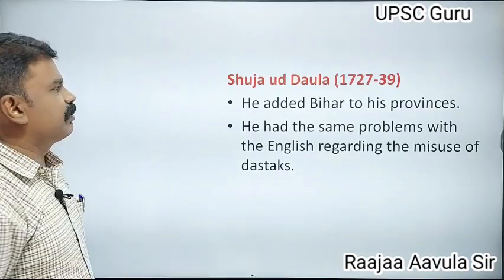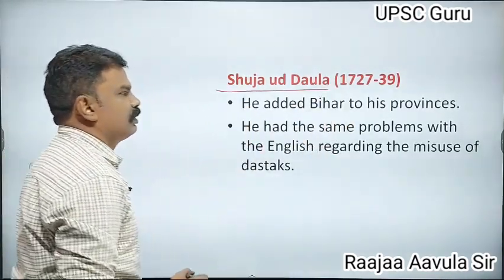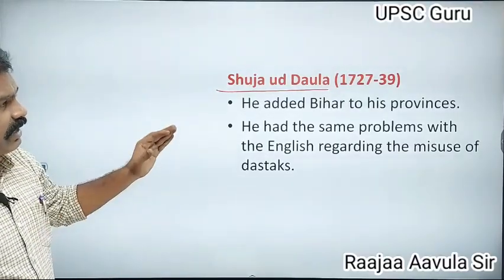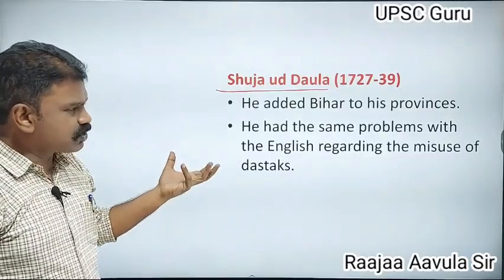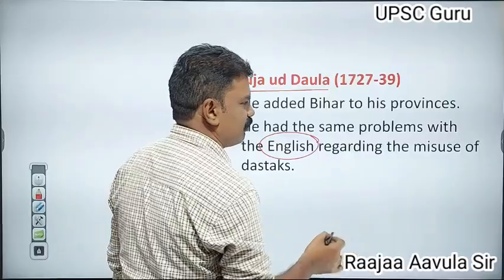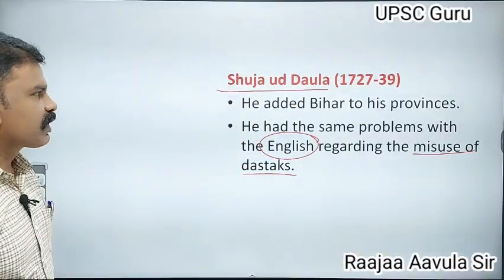But in a later period, after Murshid Quli Khan, Shuja'ud-Dawla came to the throne. He added some provinces. He also had the same problem with the British East India Company, that is misuse of the dastaks.